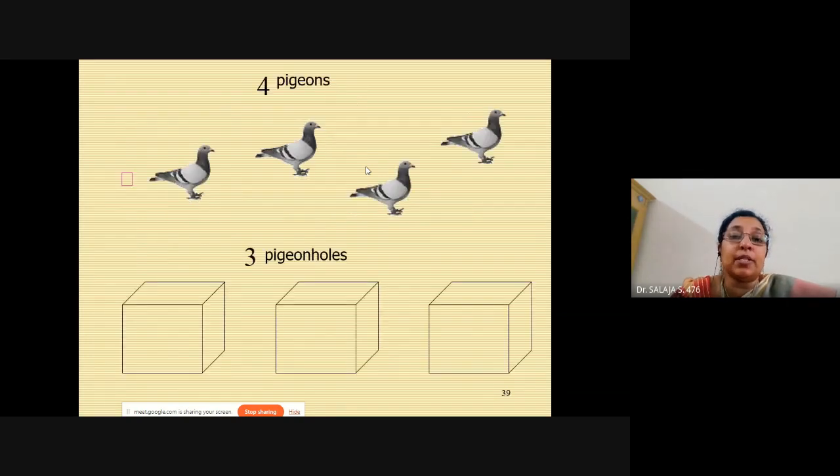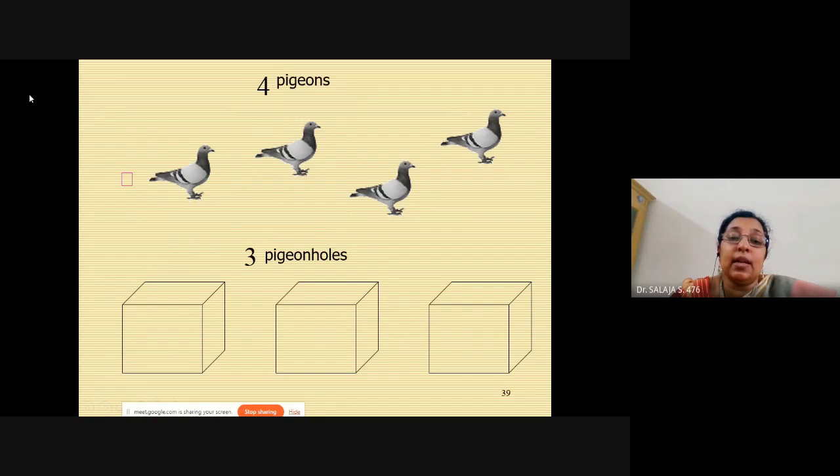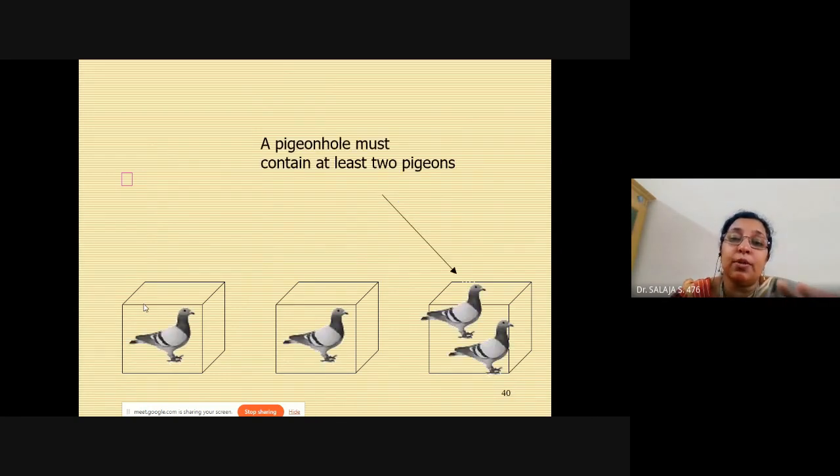Now what happens here, they call it the pigeonhole principle, and they say that you have three pigeonholes where every hole can accommodate only one pigeon. So if there is one more in addition, that has to be accommodated somewhere within it, which is impossible. A pigeonhole has to contain at least two pigeons to accommodate all four in the three boxes.